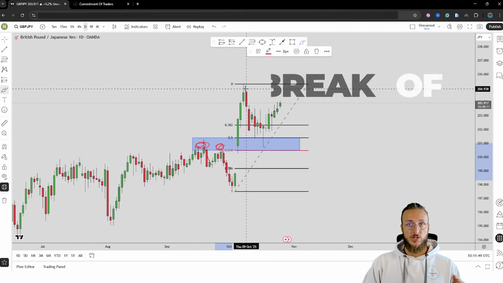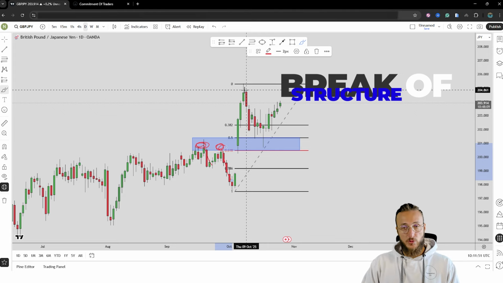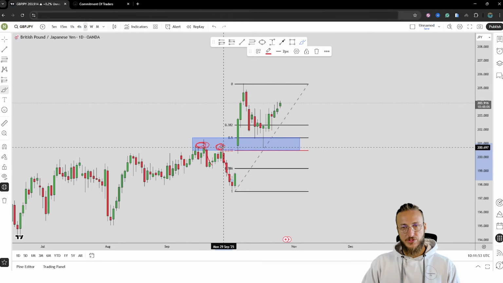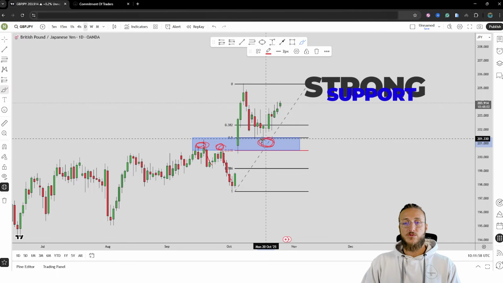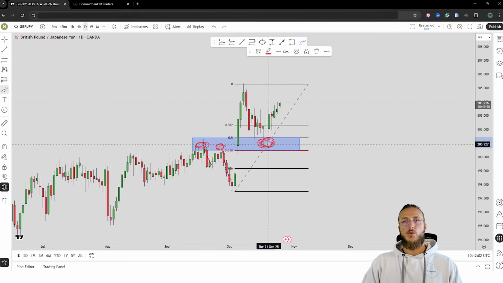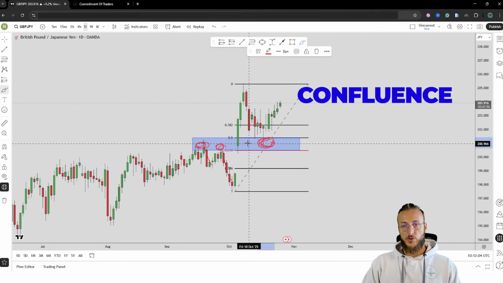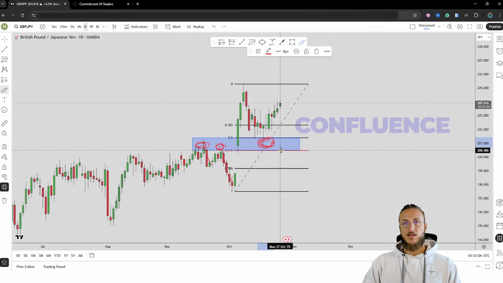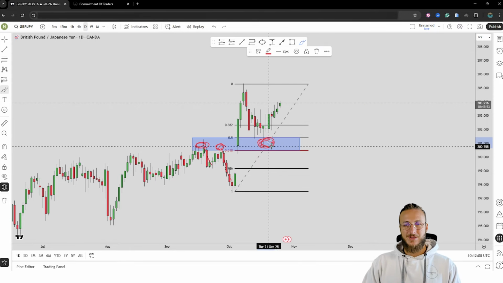So again, as I just explained a few moments ago, a previous level of resistance, once it is broken to the upside, becomes support. The market has retraced to that previous level of resistance, now turned support, which is a confluence of support zone, because we have the 50% and 0.618 Fibonacci retracements lining up exactly inside of this area.